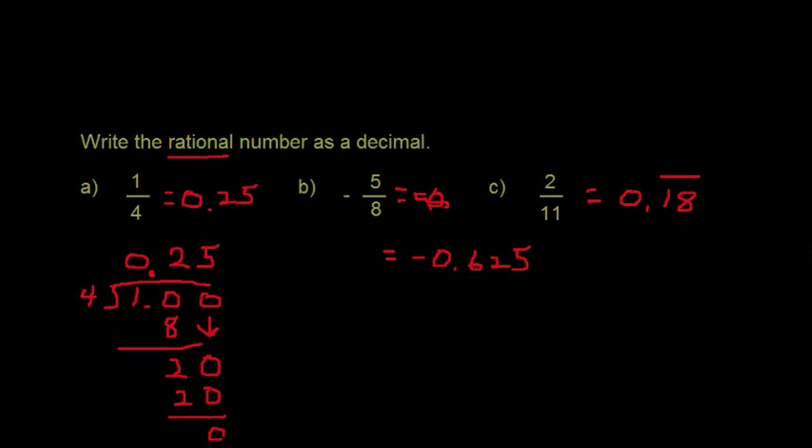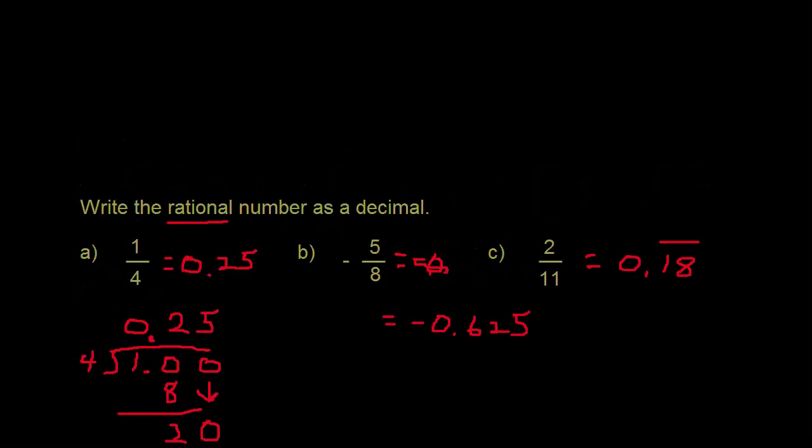Incidentally, all rational numbers can be written as either a repeating decimal, like we got with 2/11, where 18 kept repeating, or as a terminating decimal, which we got with the other two fractions. 1/4 was 0.25 and it stopped, and negative 5/8 was negative 0.625 and it stopped or terminated.